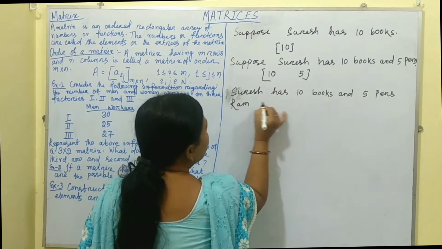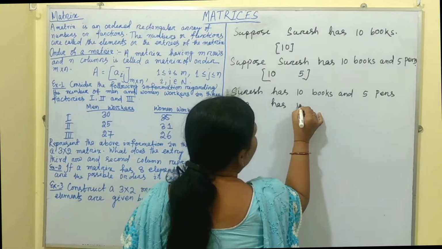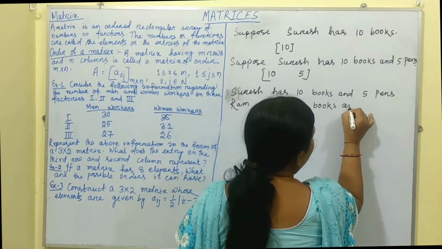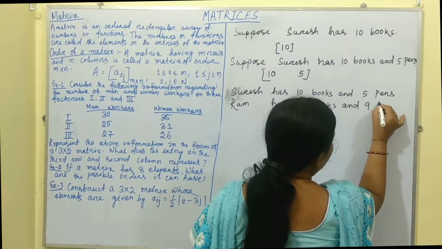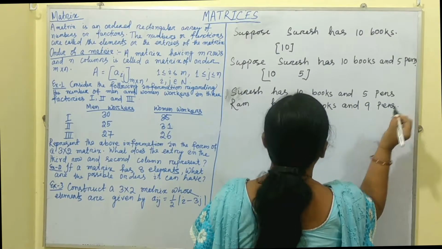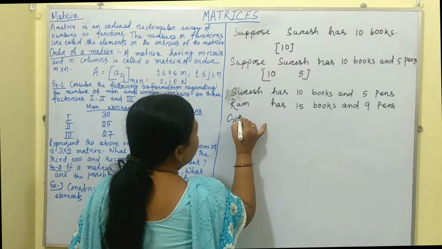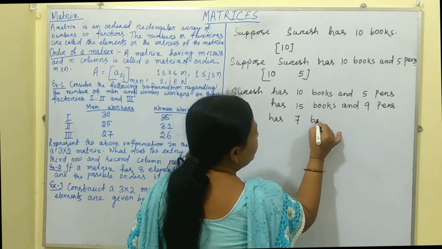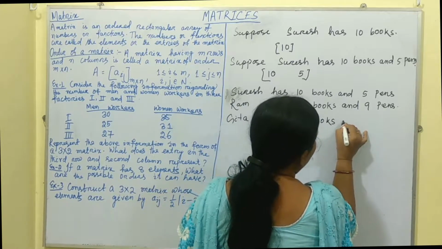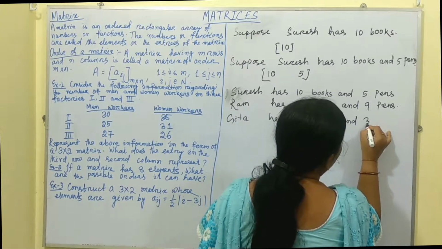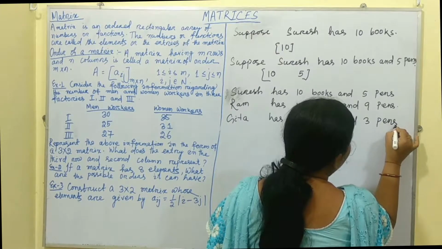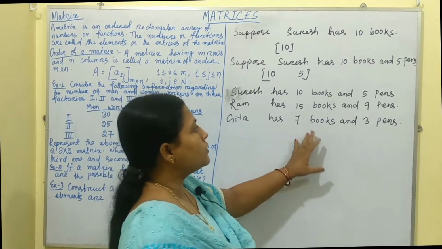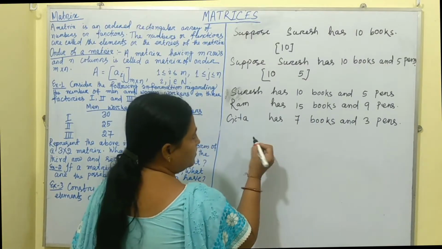Ram has 15 books and 9 pens. Geeta has 7 books and 3 pens. Now we will express this information in matrix form.